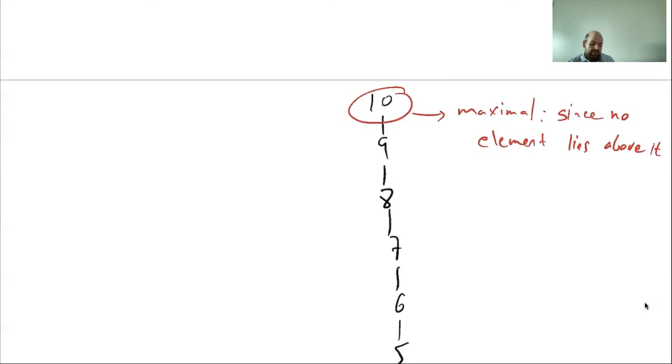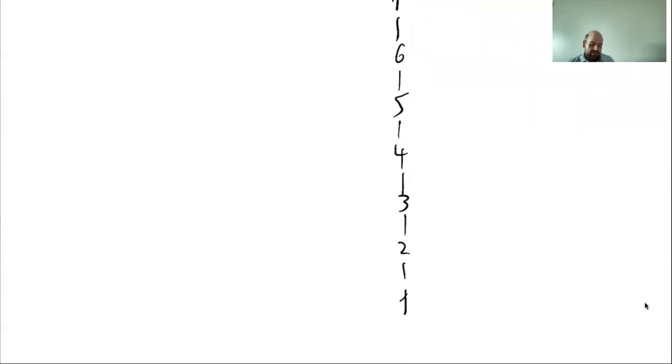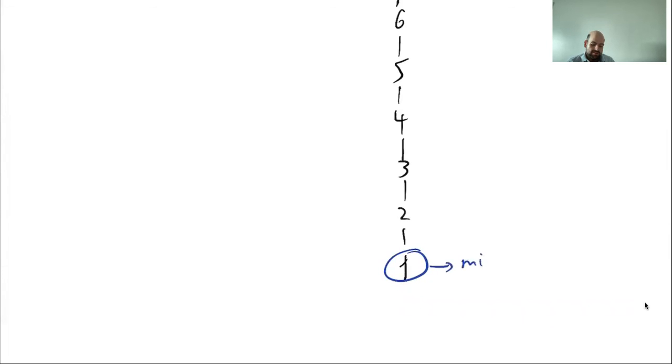And similarly, the minimal element is 1, because a minimal element is an element where there is no element below it. So 1 is minimal because no element lies below 1.